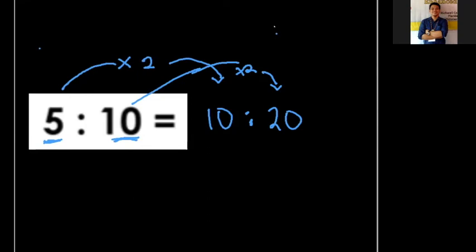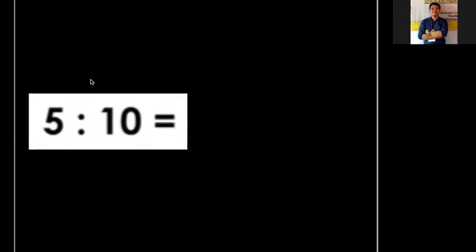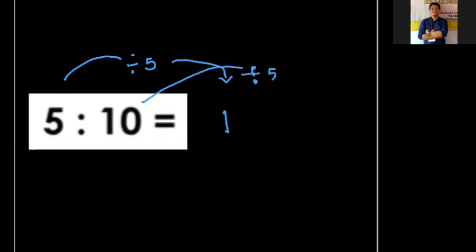And it's possible also for us to divide numbers to both. So when we divide 5 by 5, we'll get 1. And when we divide 10 by 5, we'll get 2.